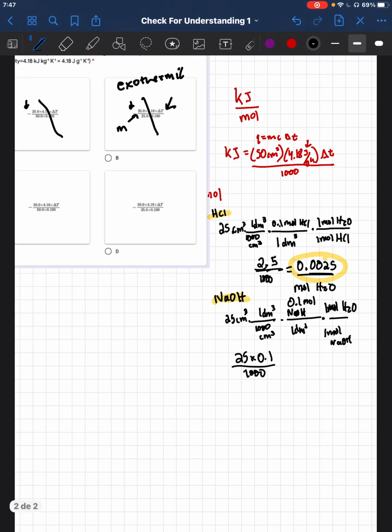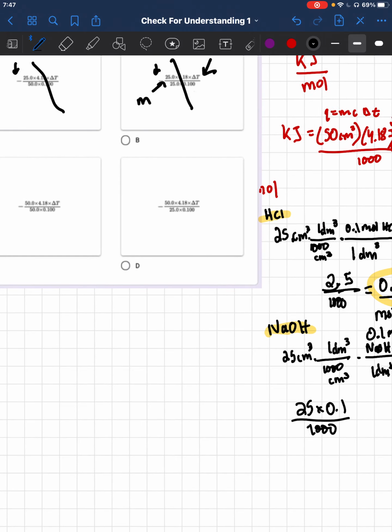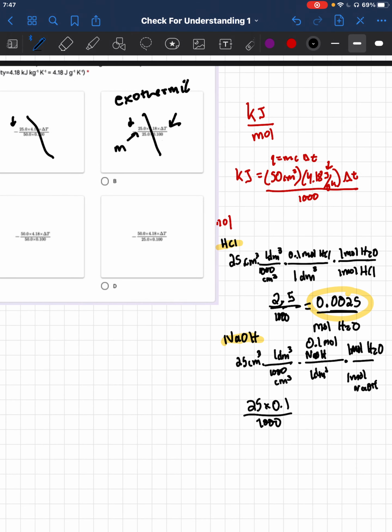So now I have two options, and I have to figure out which of my options is going to get me to the correct number here. Well, I can pretty easily see it's the 25 times 0.1, which we expressed when we did our stoichiometry as 0.0025. So that is indeed our answer, D.